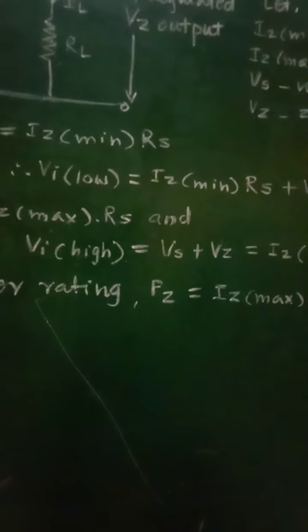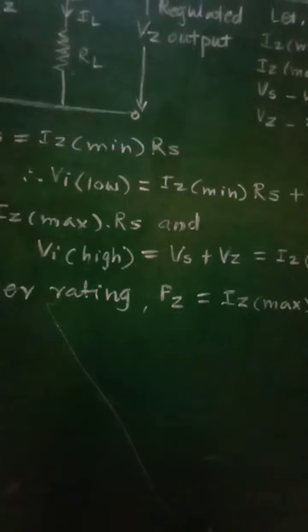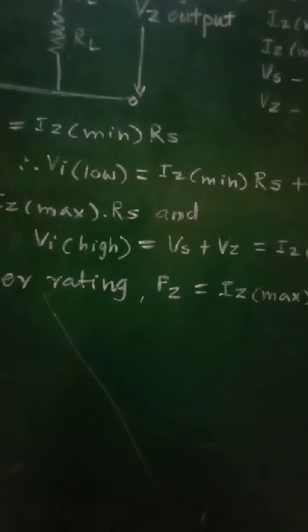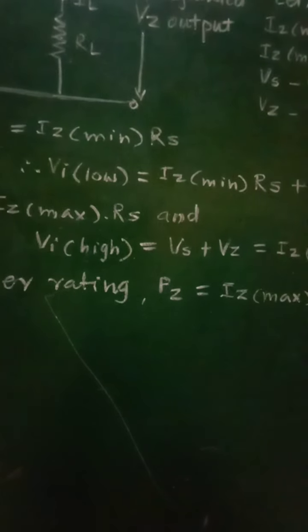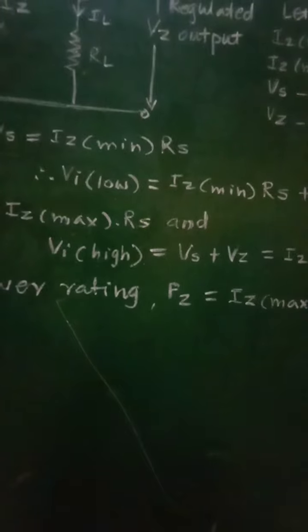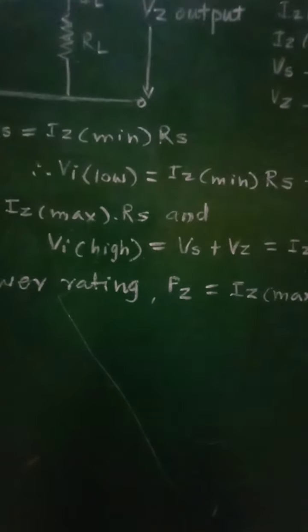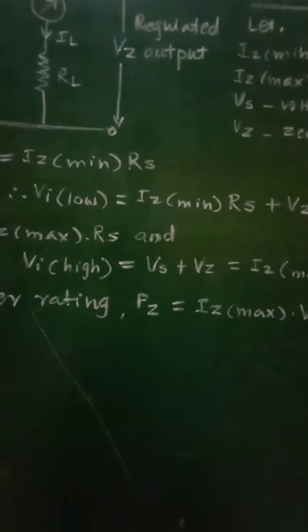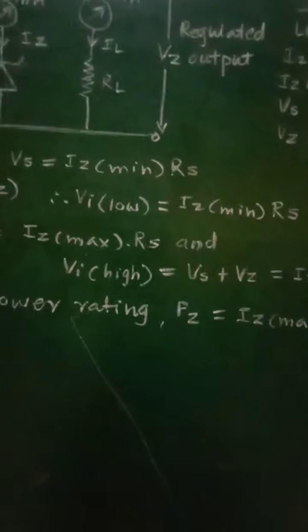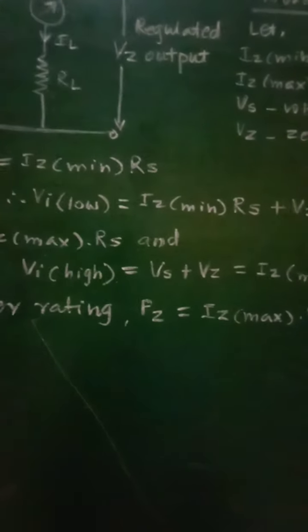So when Iz max current is flowing through the diode, at that time the diode will not get damaged or heated, but after that, when the current exceeds Iz max, the Zener diode will get damaged due to heating. So this will be the working of the Zener regulator, and in this way the Zener diode will be used as a voltage regulator.